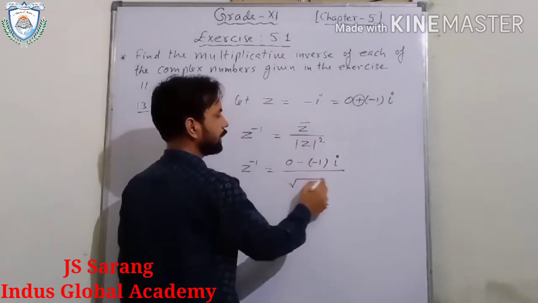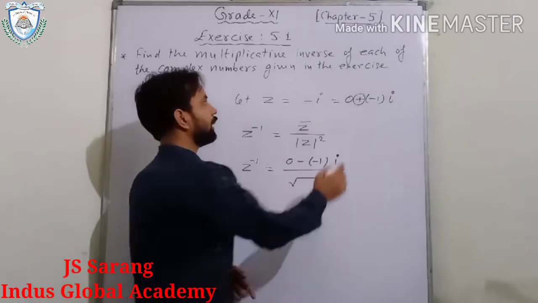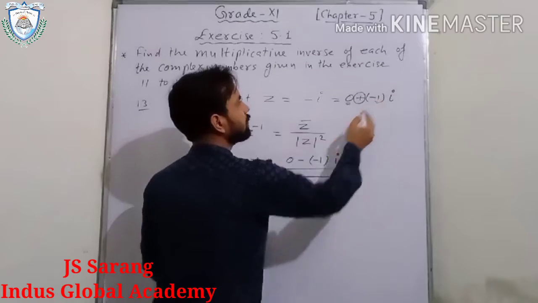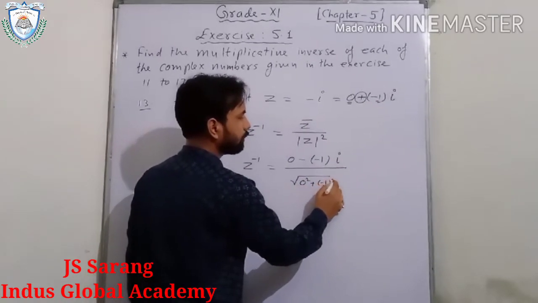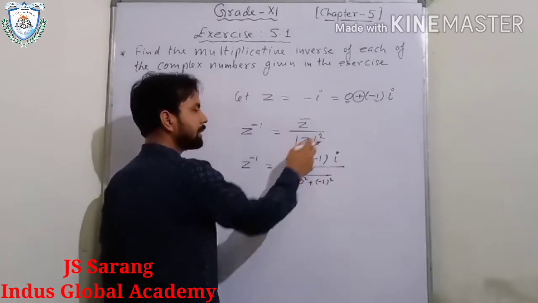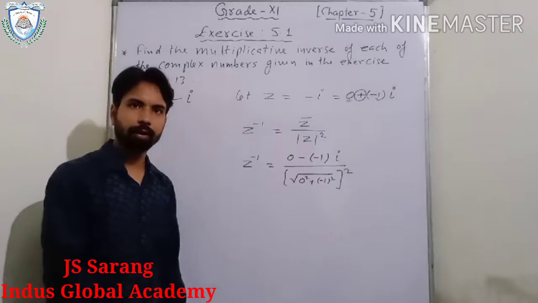Modulus z is under root a square plus b square, where a is 0 and b is minus 1. So this is 0 square plus minus 1 square, and mod of z square, so whole square. Understood?